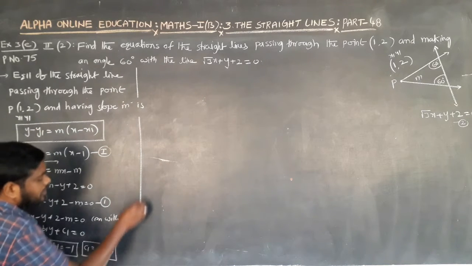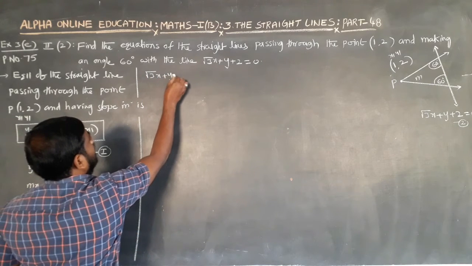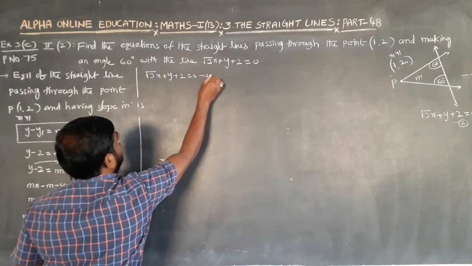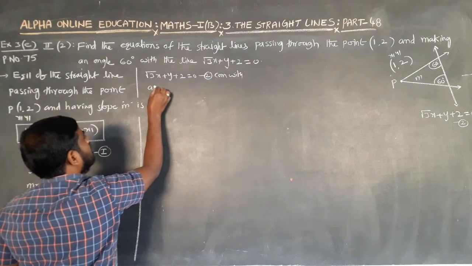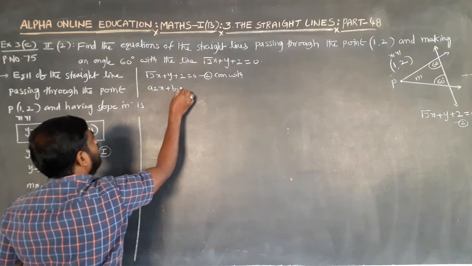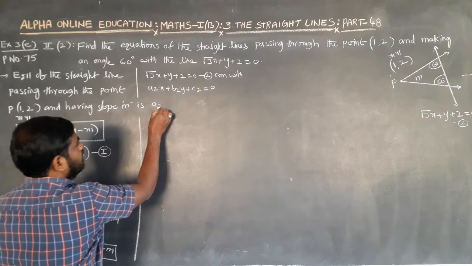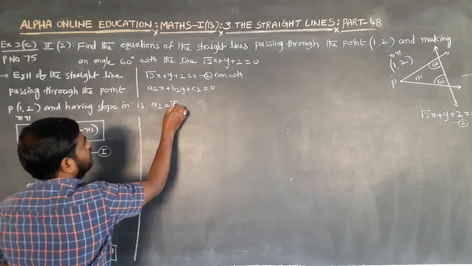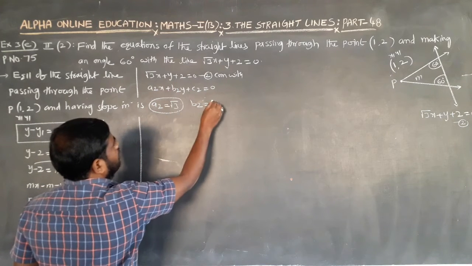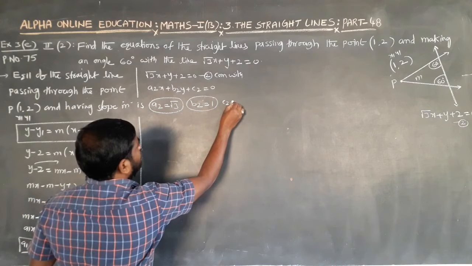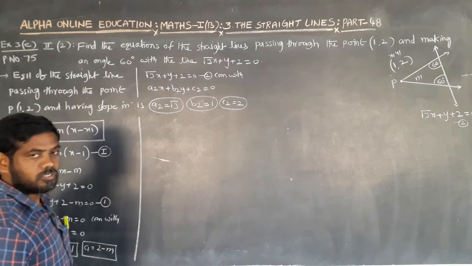And the second line √3x + y + 2 = 0, comparing with the second line a2x + b2y + c2 = 0, here a2 is equal to √3, b2 is equal to 1, c2 is equal to 2.